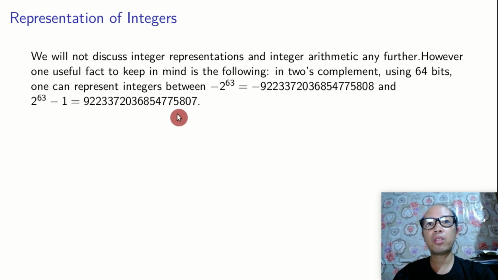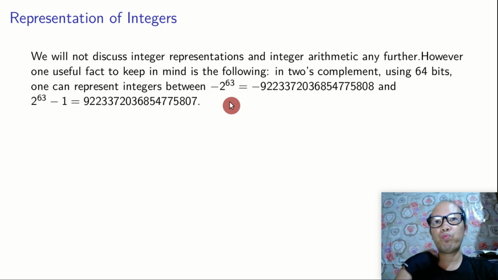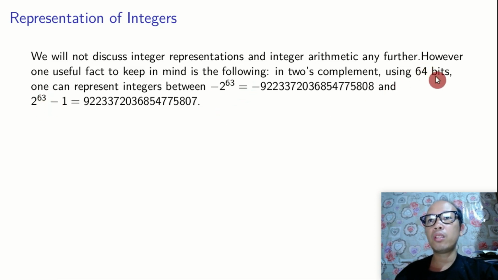Okay, so let's try to analyze this situation. Why is it that the smallest integer is in this form while the largest positive is in this form, 2 to the 63 minus 1, using a 64-bit, meaning 64 boxes all in all, or 64 spaces?